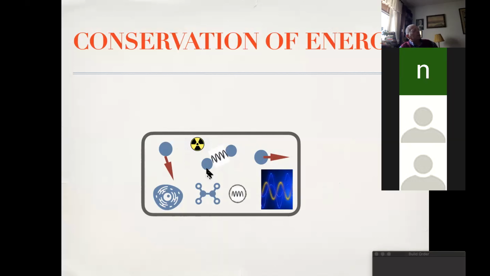But we know that they interact by forces between themselves. If there are very few of those particles, like in a gas, they are so far away that the interaction between them can be described as collisions.